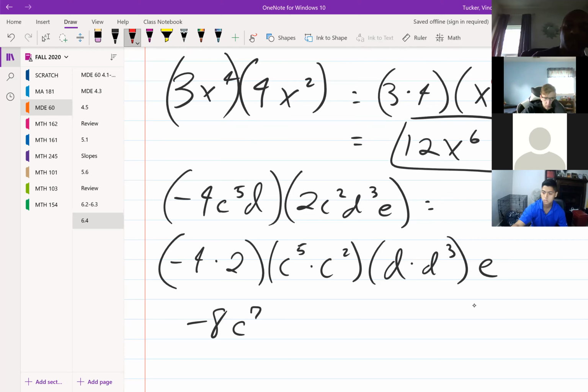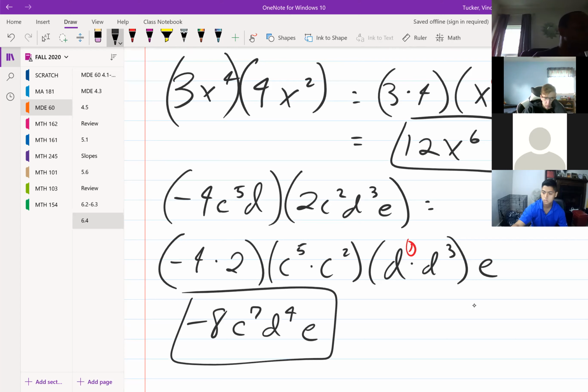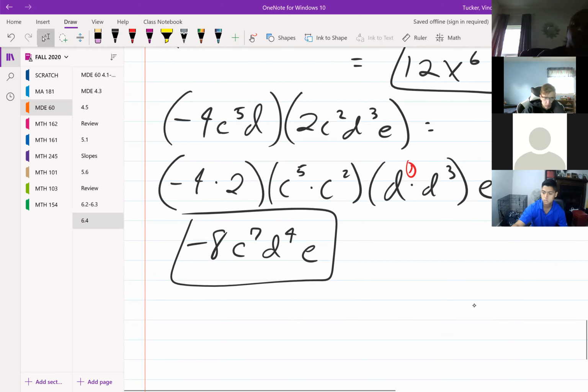Don't forget, if you don't see anything there, assume there's a 1 for the exponent. So that'll be d to the 4th, and then e. All right, questions?